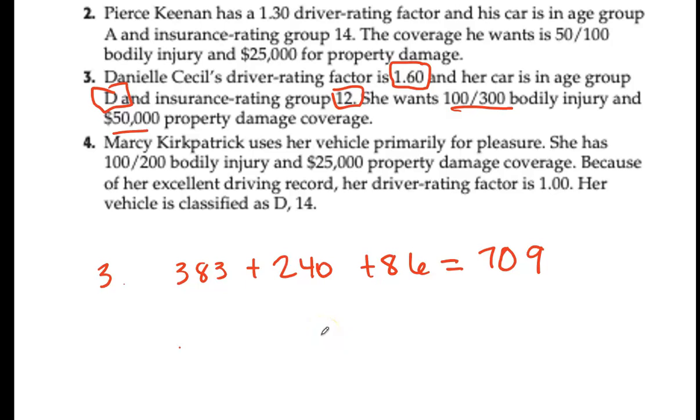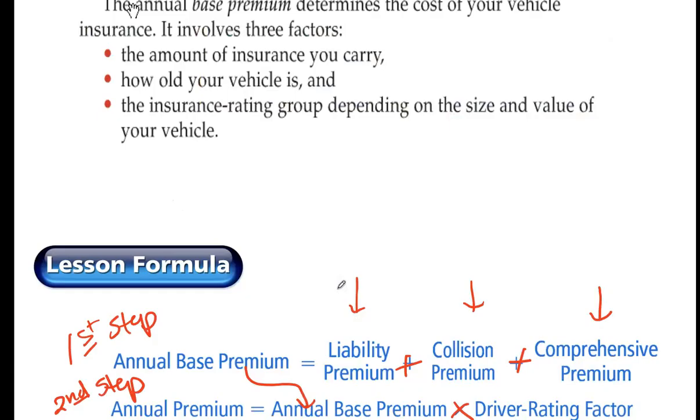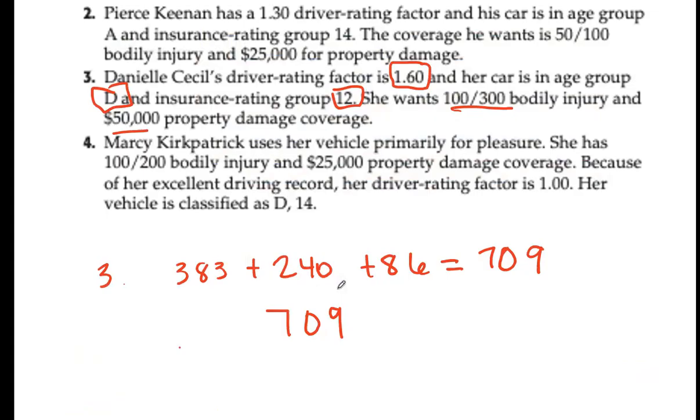Remember, your first step is finding your liability plus comprehensive plus collision. Now I have to take this annual base premium times the driver rating factor, and the driver rating factor is 1.6. And I should get $1,134.40.